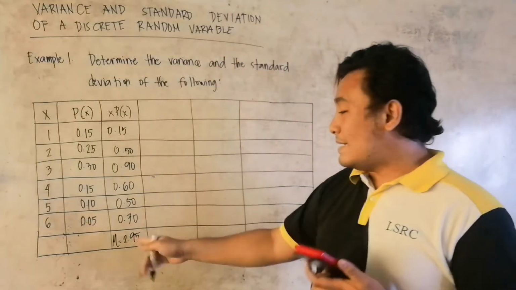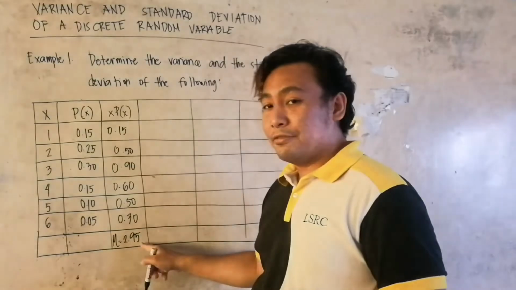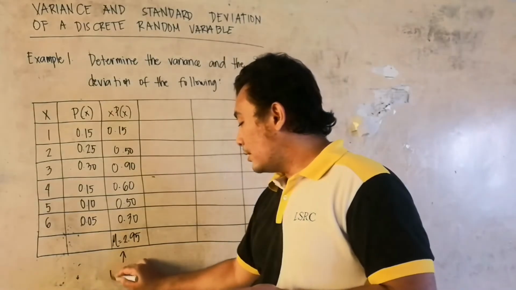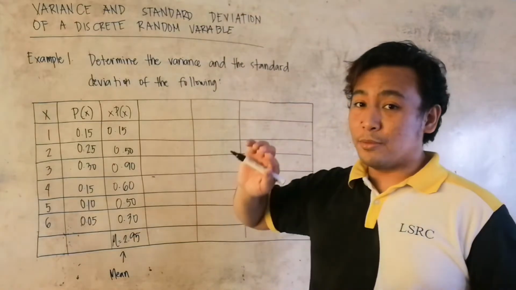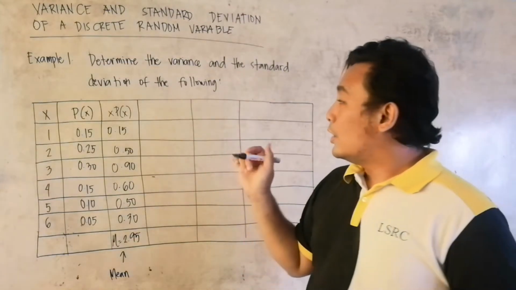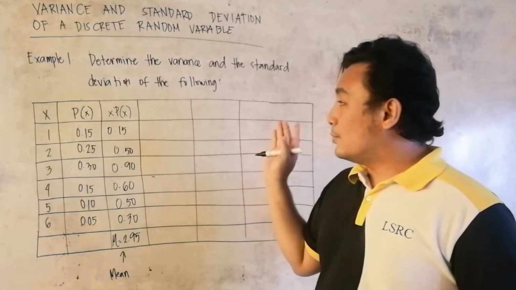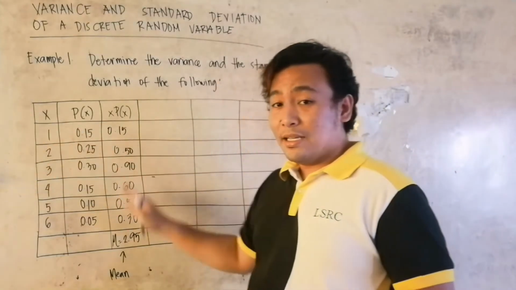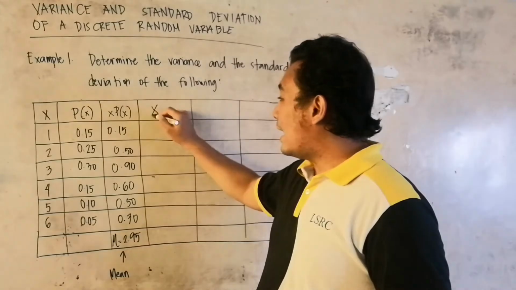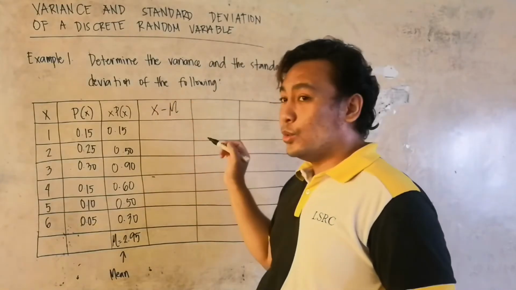Therefore, yung mean natin is equal to 2.95. So this is the mean. Next is, remember sa formula natin for the variance, we are going to subtract yung x natin with the mean. So we have x minus mu.